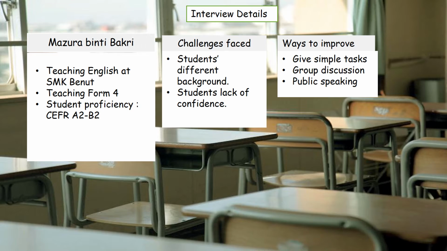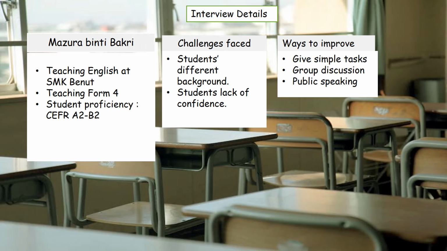Okay, A2 is elementary English. It means students can understand sentences and frequently use expressions related to areas of most immediate relevance. Second, students can communicate in simple and routine tasks and can describe in simple terms aspects. Okay, B1 is English independent user.